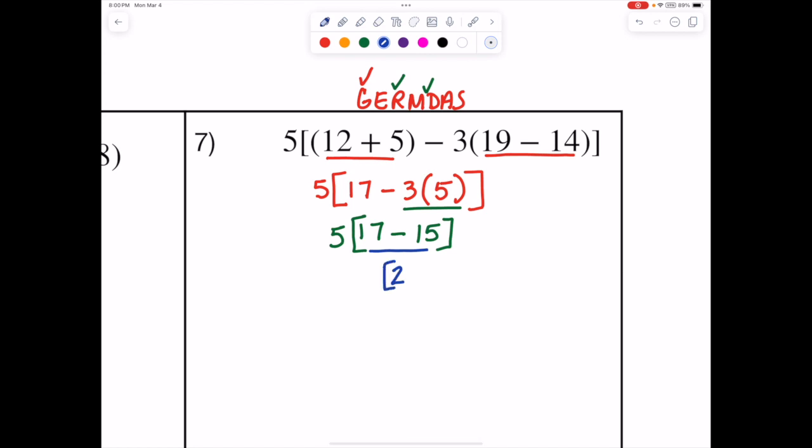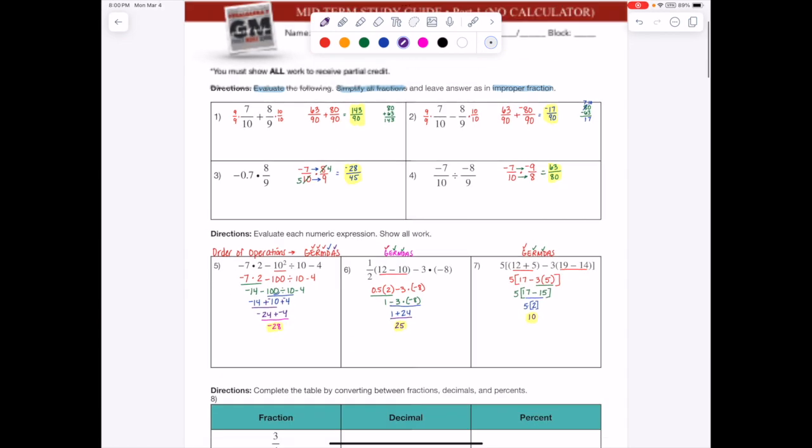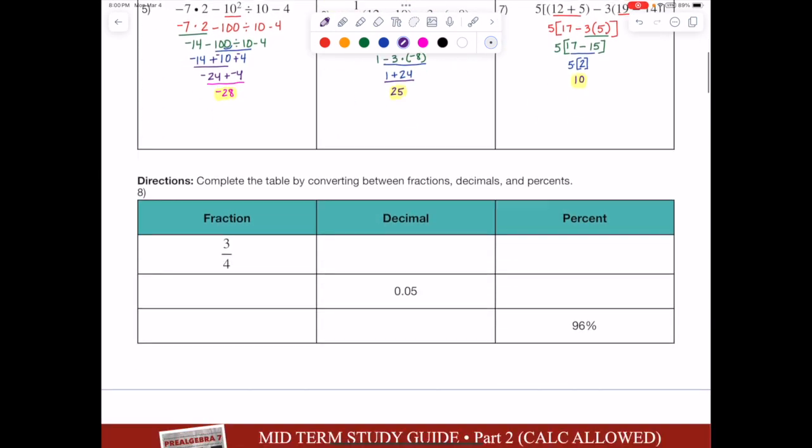And we still have this bracket and the 5 on the outside. And so 5 times 2 is 10. And you're all done. Okay, so you can see a lot of steps with this, but you can do it if you take your time. Take care of all the inner things first with order of operations and then move to the outer. Okay, so there's your evaluating expressions.